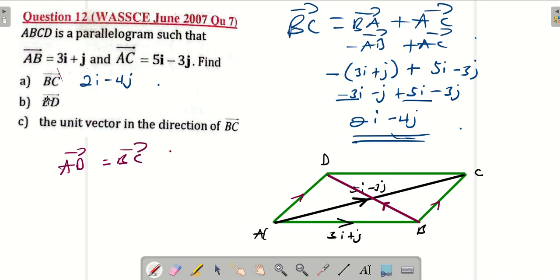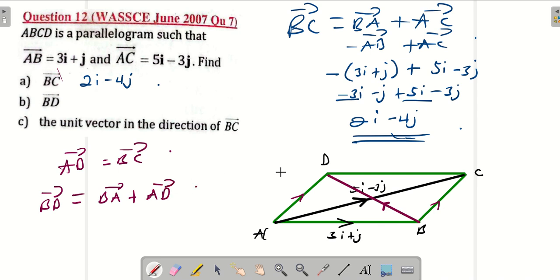So now we can find the BD. We know that BD is given as BA plus AD.